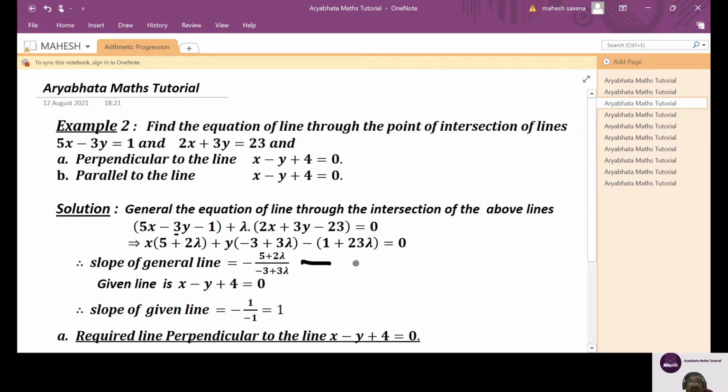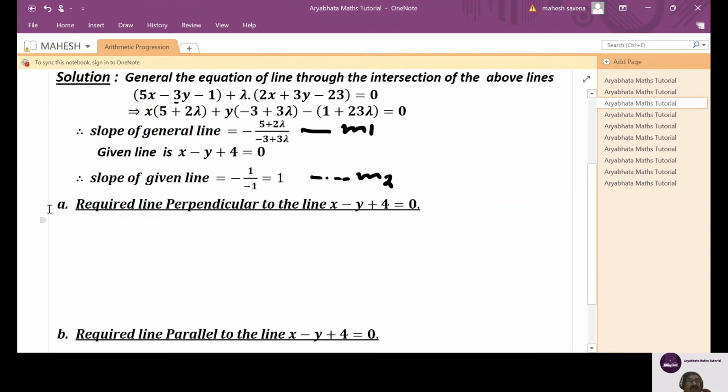Let this be m1. Now the equation of the other line is given as x − y + 4 = 0. Therefore, the slope of this line will be −1/−1 = 1. Let this be m2.